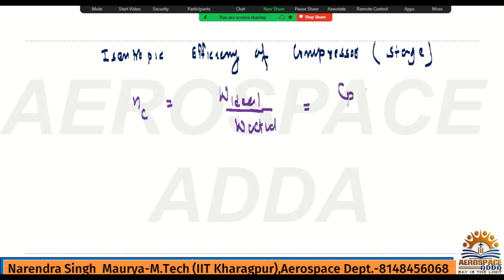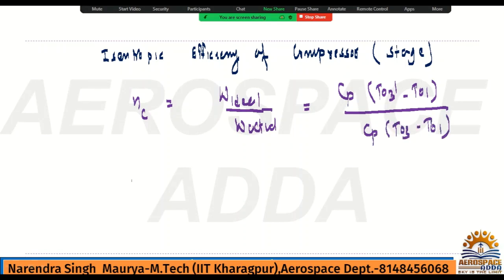What is this value? Cp (T03 dash minus T01) divided by Cp (T03 minus T01). And we are talking about the stage, so better we write stage efficiency, so there should not be any confusion. So it is nothing but (T03 dash minus T01) divided by (T03 minus T01). Okay.